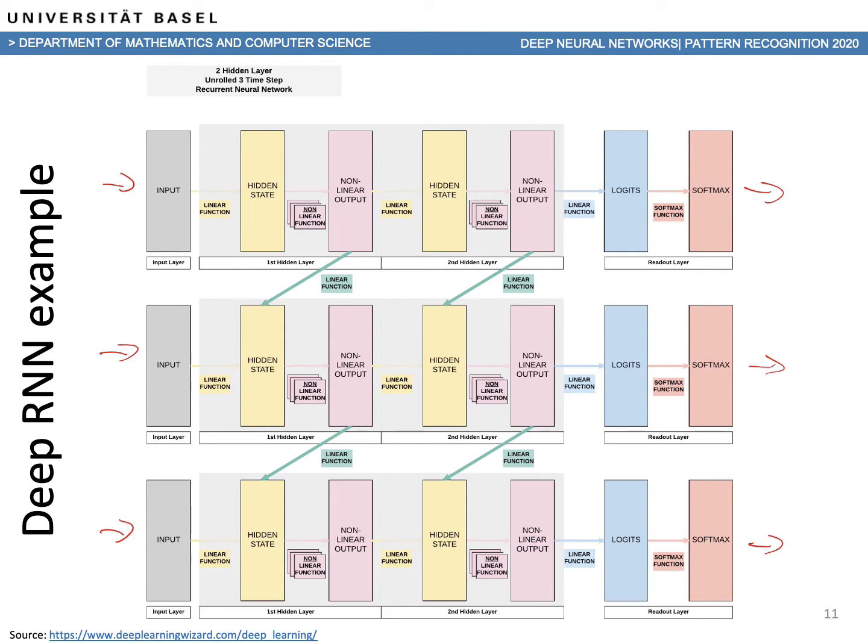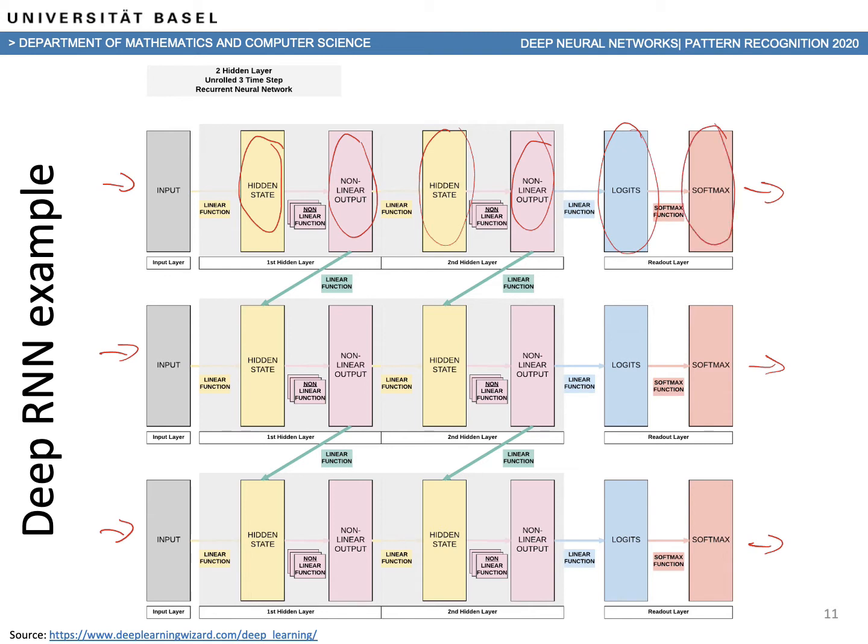And then we see here that there are 2 hidden layers. So there is some hidden layer here, which could be this simple RNN structure. It then goes into some nonlinear function, our activation function. And then again, we have another hidden state and an activation function before it goes to some fully connected output here.